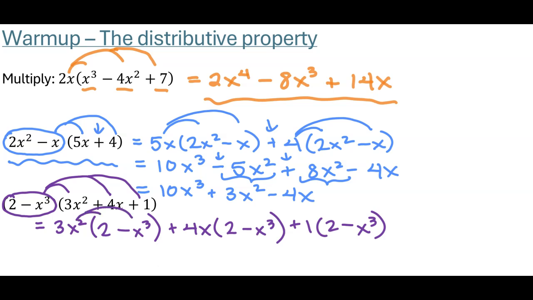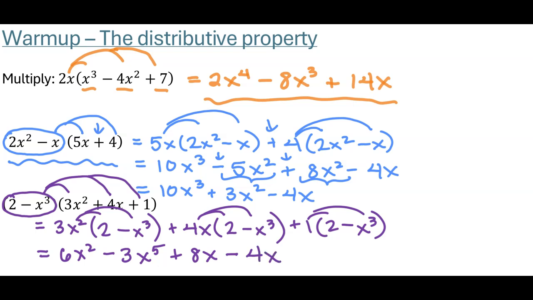And now I have to do a second set of distributing, which again is very boring with the 1. And I end up with a 6x squared minus 3x to the 5th, exponent rule showing up again, plus 8x minus 4x to the 4th, plus 2 minus x cubed.